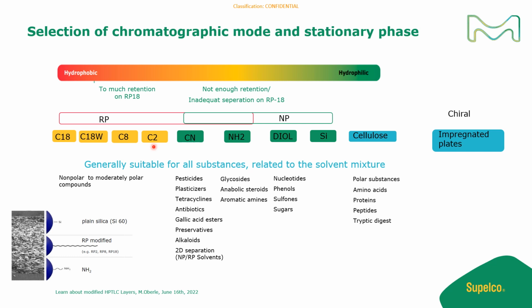So if there is not enough retention or a poor quality separation on the RP18 or a normal phase, then try something in the middle, like a diol, cyano, or amino phase. These are mixed mode phases.